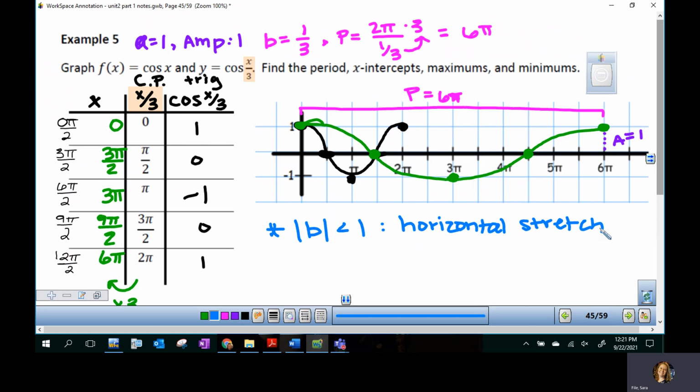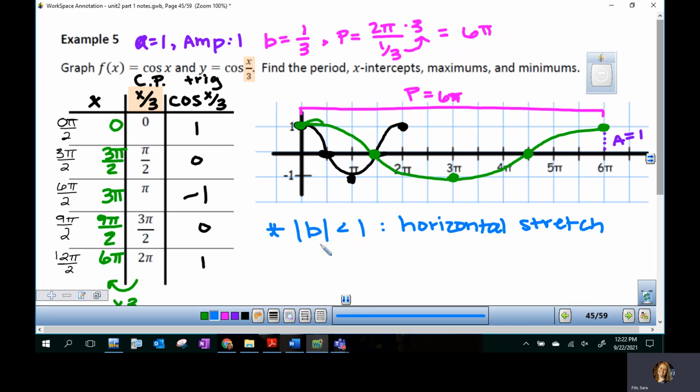Okay, so similar to the compression, our hands are on the left and right hand side of the graph, and we stretch it horizontally. And again, you would think a value less than 1 would mean it's shrinking, but this is actually stretching it because it's inside the function, so it's the opposite. Are we good with that one?